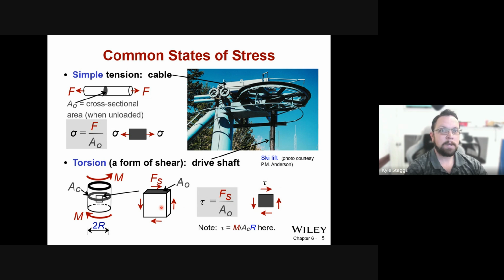So we have a couple of pieces of the puzzle here. A shear force divided by area is your torsion. This is the same as the moment divided by the area of the circle times the radius. That's because the moment is in the same units as a torque, so it's a force times a distance divided by that distance.